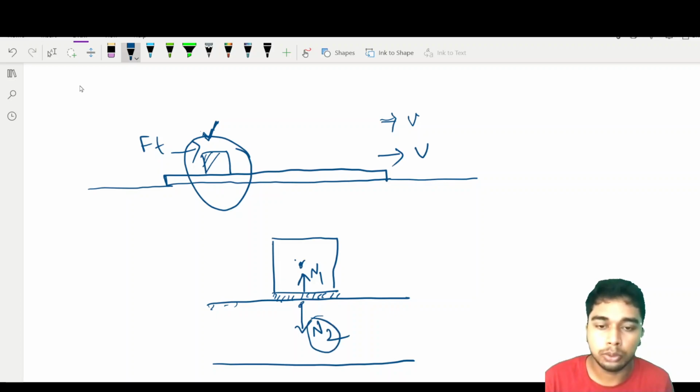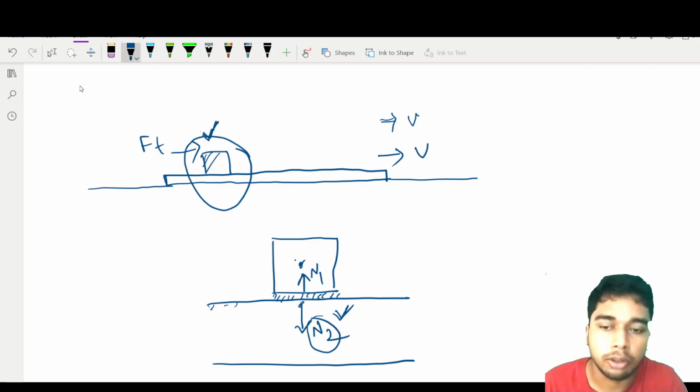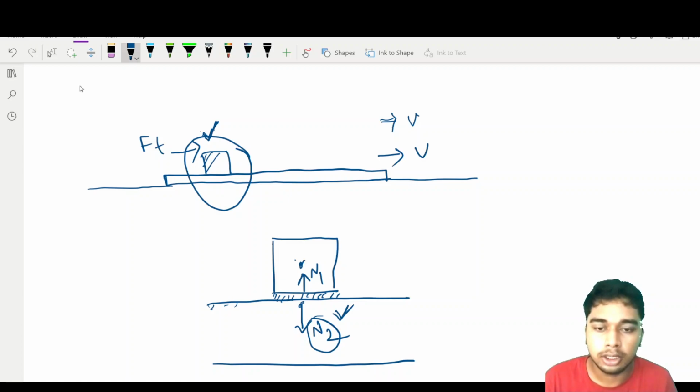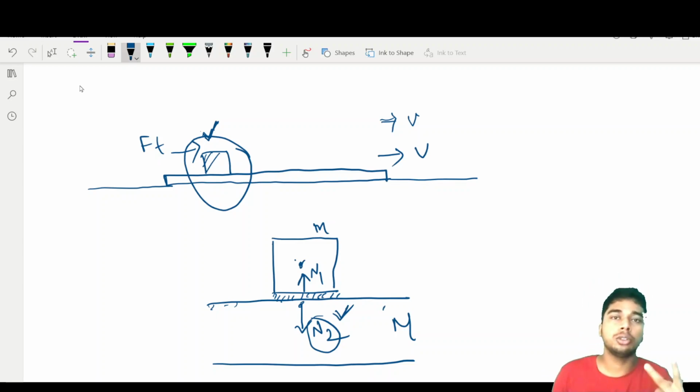This N2 is the normal reaction obtained from N1 because they are in contact. So two surfaces, the surface of the block, small m, and the surface of the plank, capital M. So two surfaces are in contact, so normal reactions will be obtained from two surfaces.